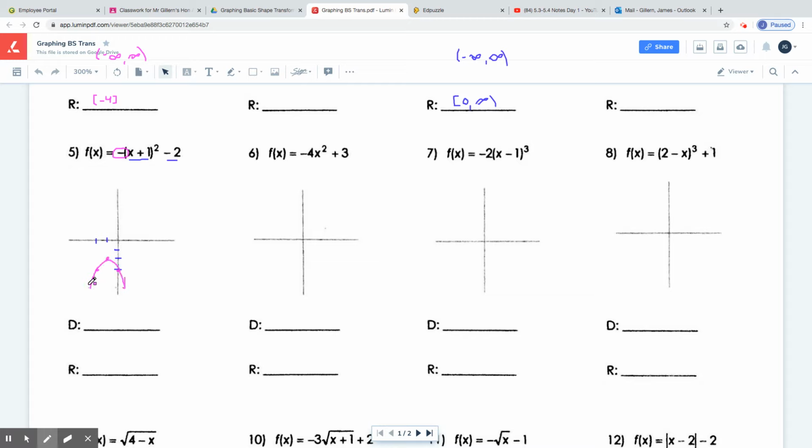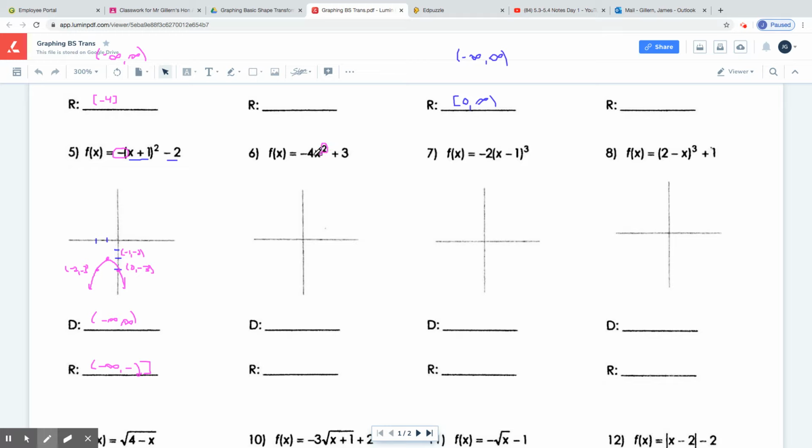And there's my parabola. So vertex -1, -2, 0, -3, and -2, -3. The domain, -infinity to infinity. The range is -infinity to the vertex, which in this case the y coordinate is -2, and that has a bracket.